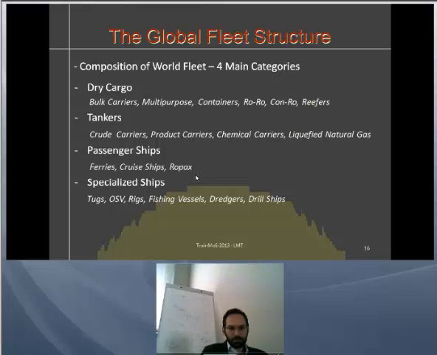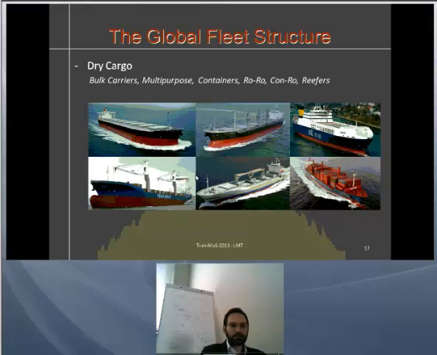So, as I said before, regarding the dry cargo vessels, we can see here examples of various types of vessels. We have the bulk carriers and the multi-purpose vessels. You can see a reefer vessel, which is no longer a preferred type of vessel. There are existing reefer vessels on the market at the moment, but there are no new deliveries, because refrigerated cargo is now mostly moved by container vessels that can also handle reefer containers.